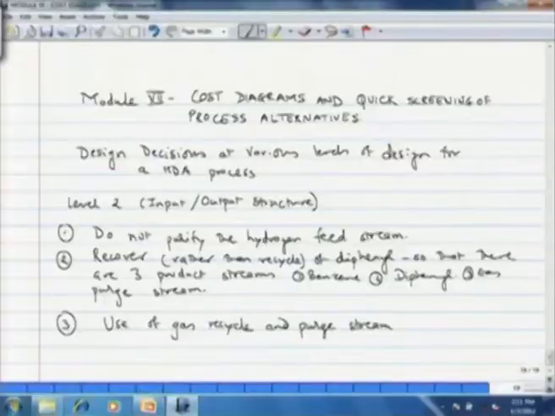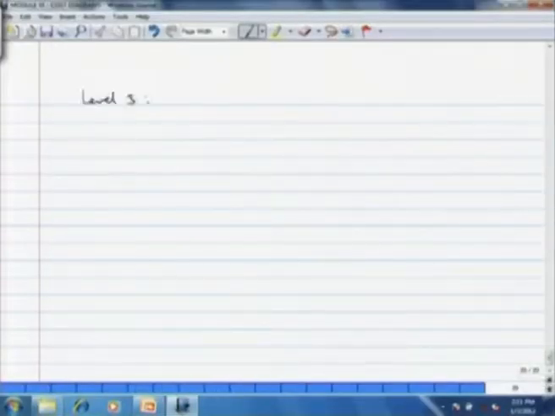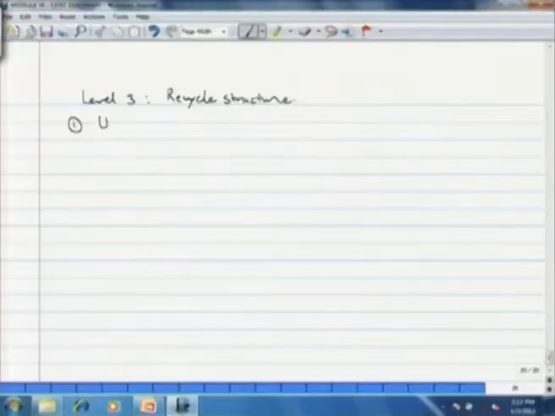Then the next level, level 3, the recycle structure of the flow sheet. Here we have several decisions. How many reactors? Now we have a single process, a vapor phase process, therefore we have to use a single reactor. That point we note: use a single reactor.